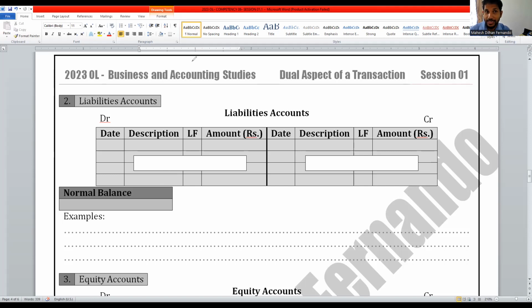Listen to me. In the debit side of the liabilities, we record decrease. And in the credit side, we record increase.